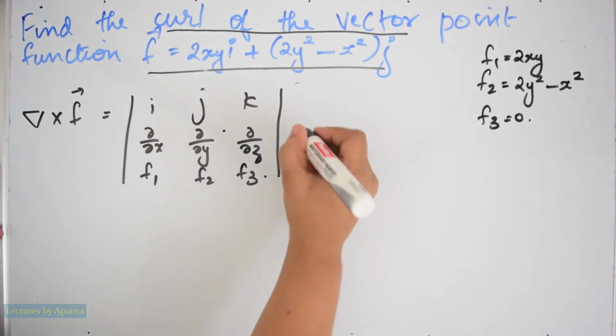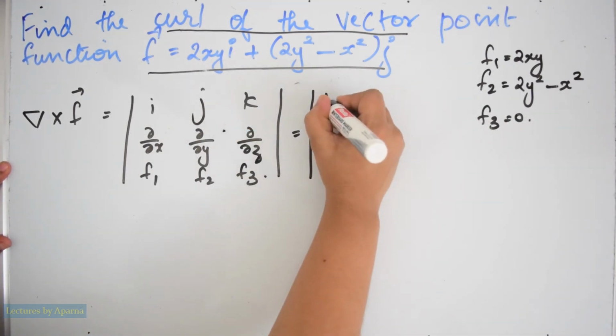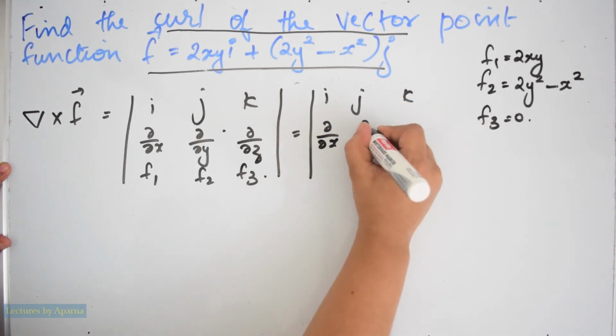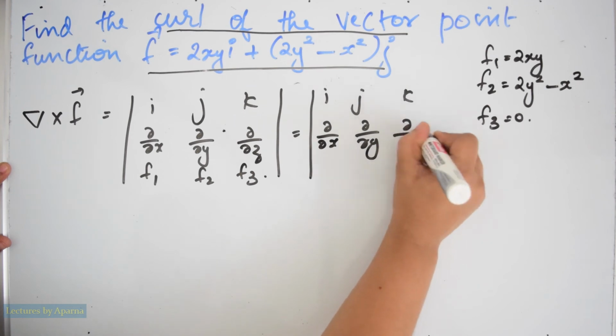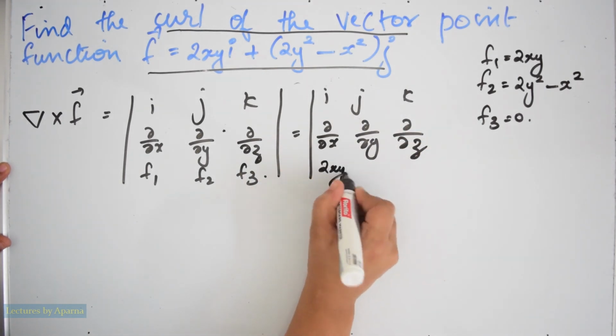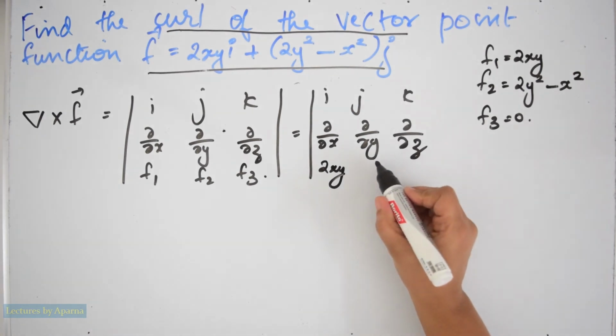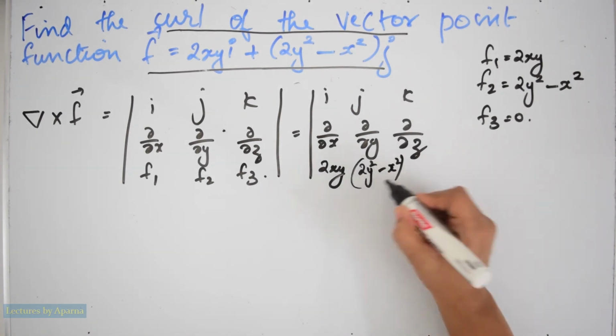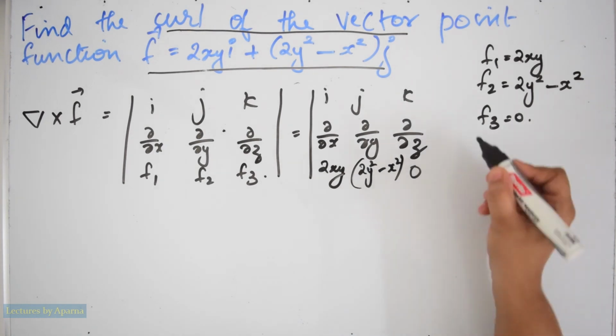Let's substitute it here. We get i, j, k, dou by dou x, dou by dou y, dou by dou z, with f1 as 2xy, f2 as 2y square minus x square and f3 as 0.